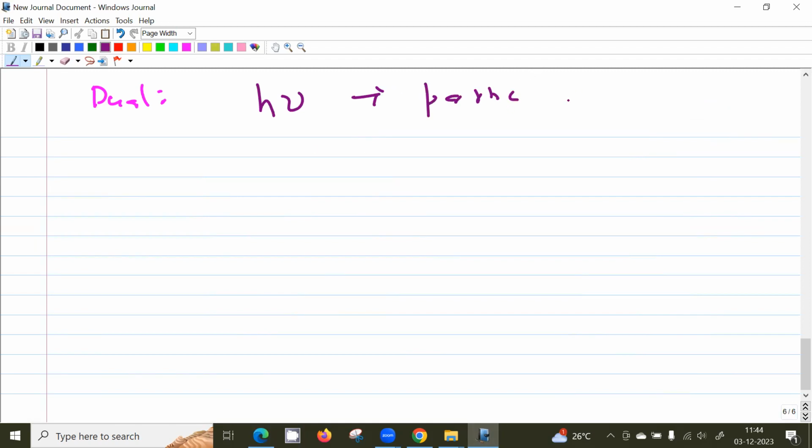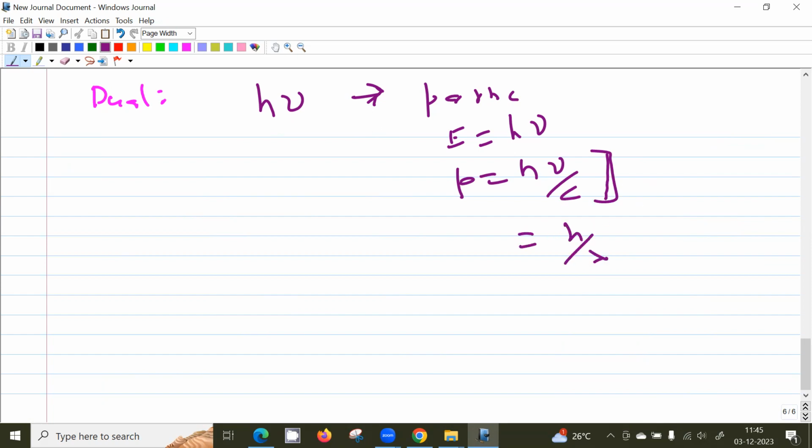For example, light has energy h nu and momentum h nu by c. Usually momentum is associated with mass, not with waves. But when we consider light or electromagnetic radiation as a particle, I can associate a momentum whose value is h nu by c, which is h by lambda.